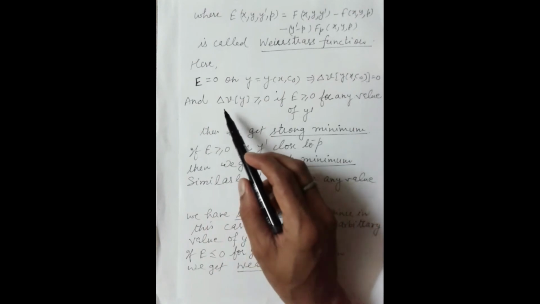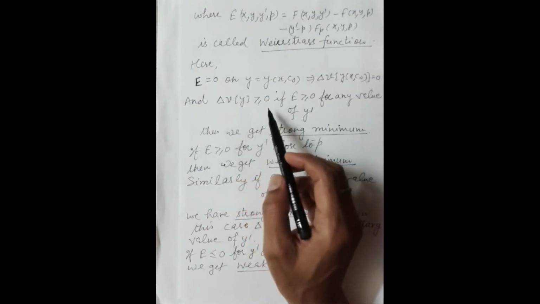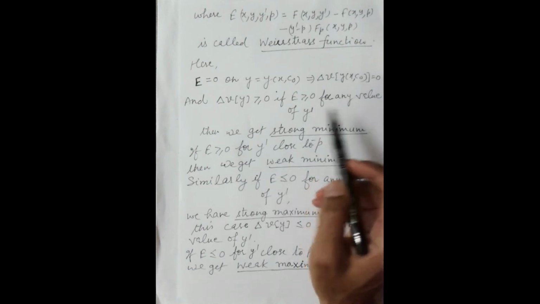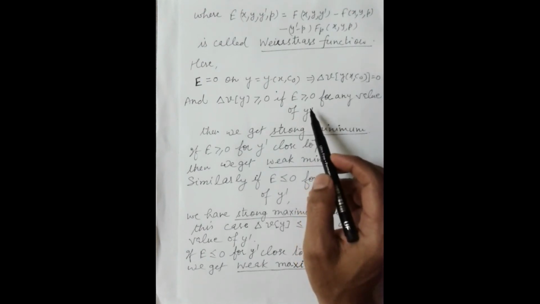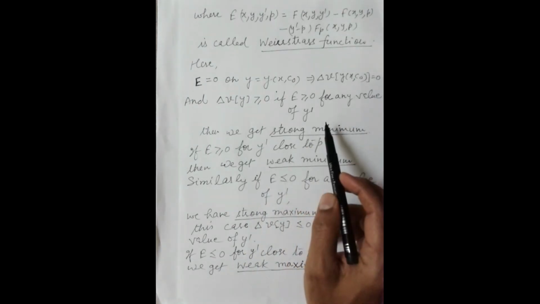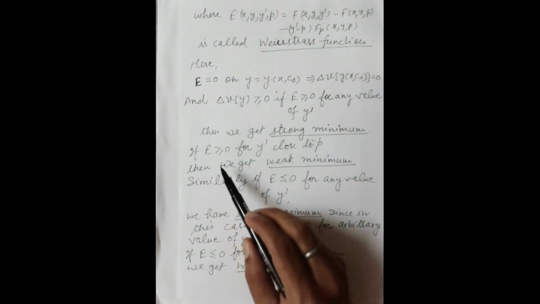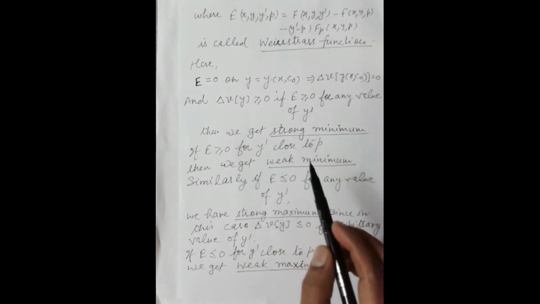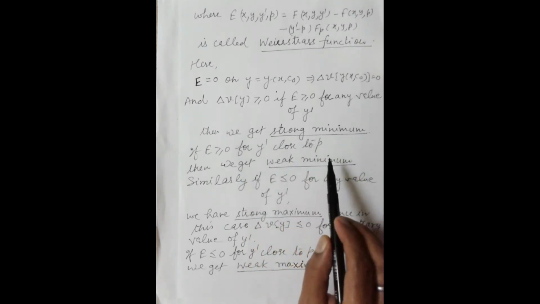And delta V(y) is greater than or equal to 0 if E is greater than or equal to 0 for any value of y'. Then we get a strong minimum. Now if E is greater than or equal to 0 for y' close to p, we get a weak minimum.